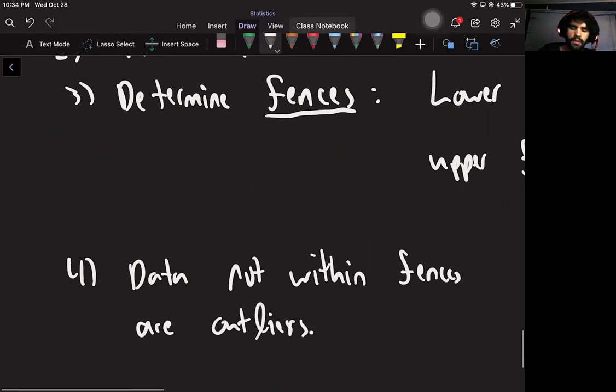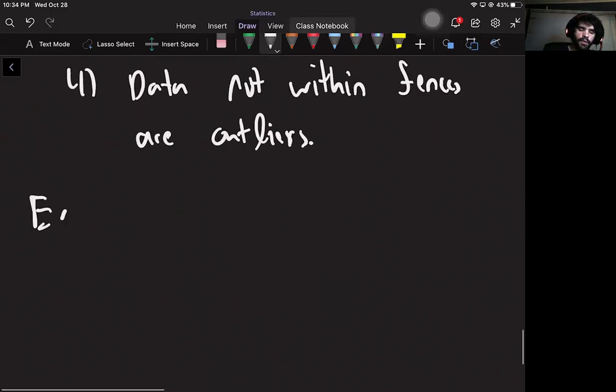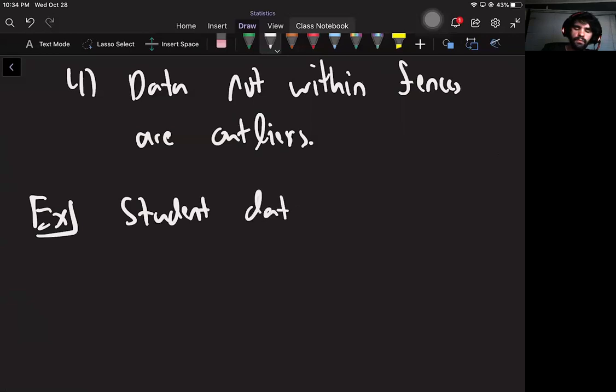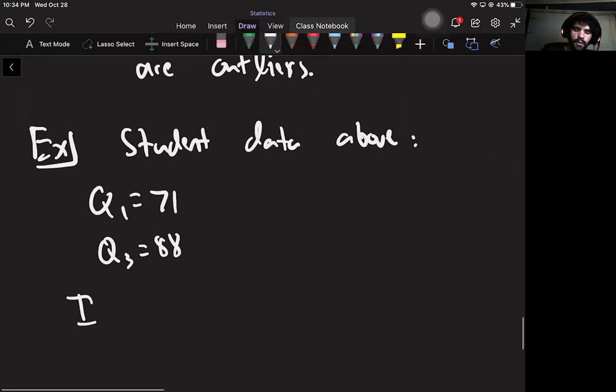Okay, so let's do some examples. For the student data above that we already used, we can do all this because we know Q1 is 71, Q3 is 88, and the IQR was 17. So then we can create these fences.